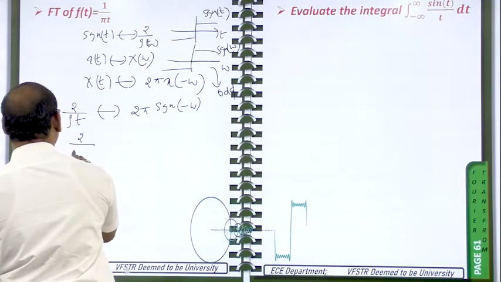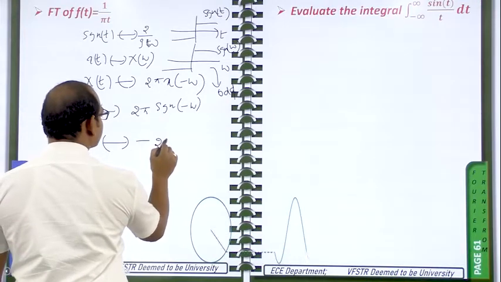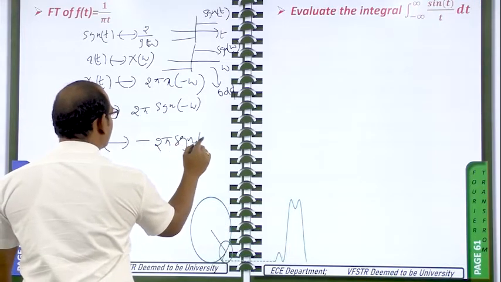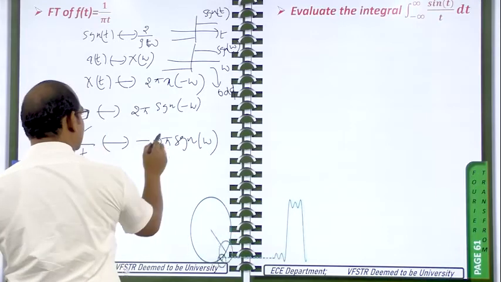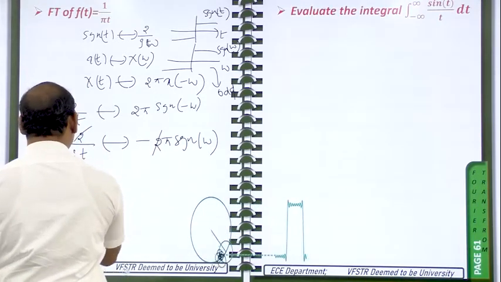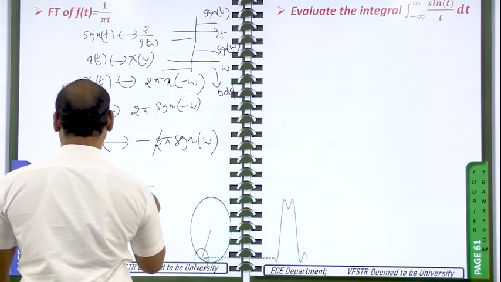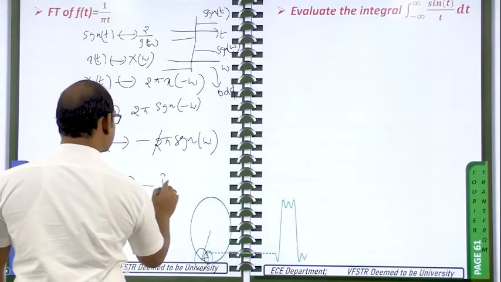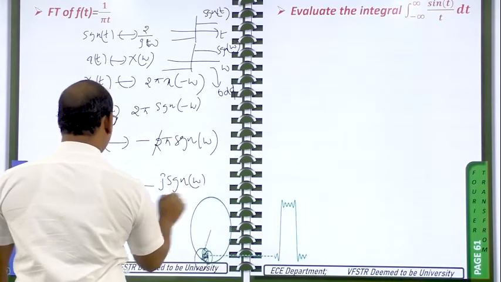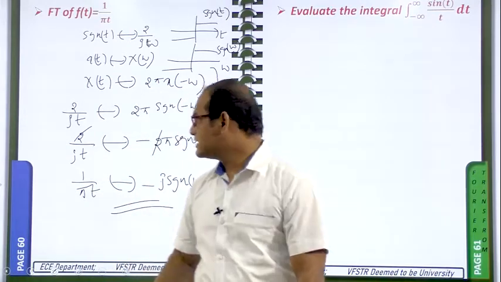So 2 by jt, this minus is coming in front, that is minus 2 pi signum of omega. So 2 will be cancelled, this j will come this side, this pi will come this side. So 1 by pi t is having the Fourier transform minus j signum of omega.